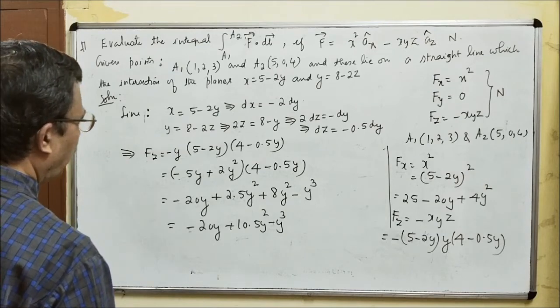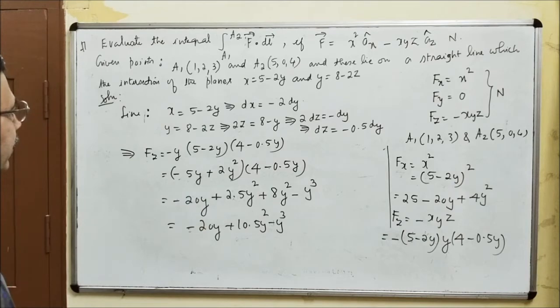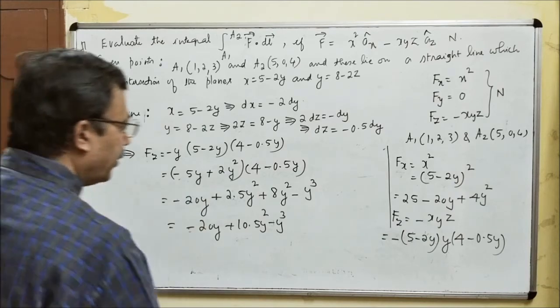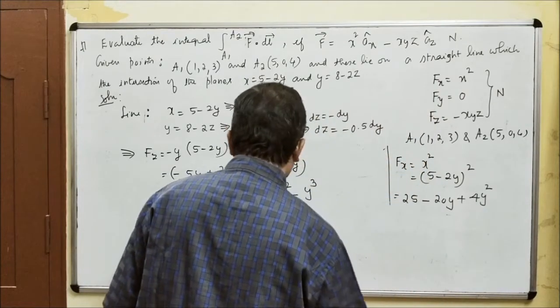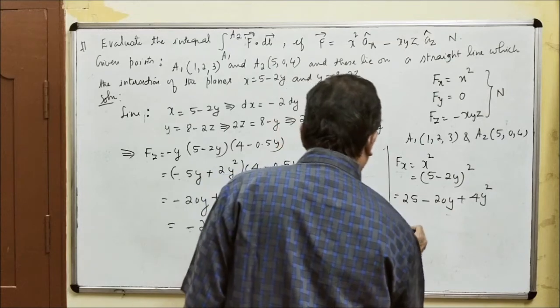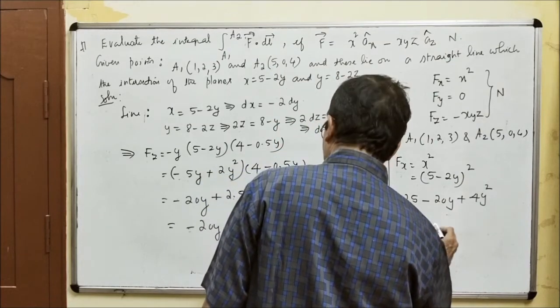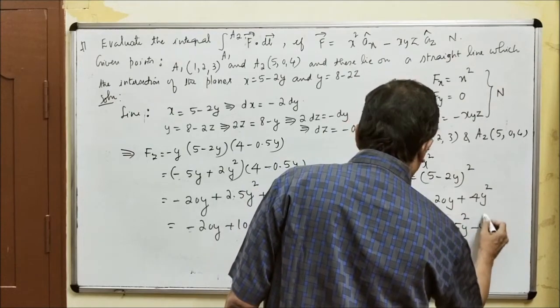This is the expression for Fz in terms of y. So I am going to list it here: Fz is equal to minus 20y plus 10.5y square minus y cube.